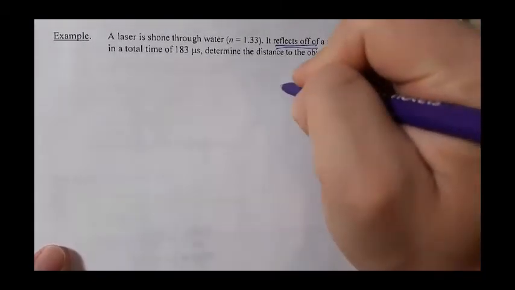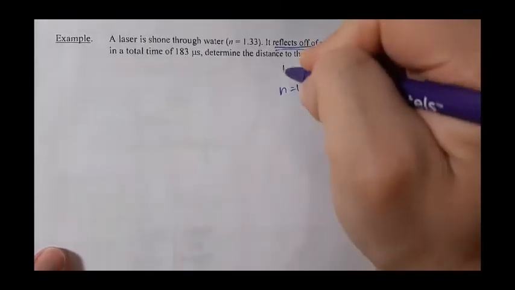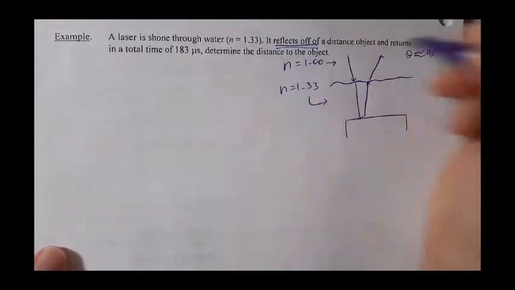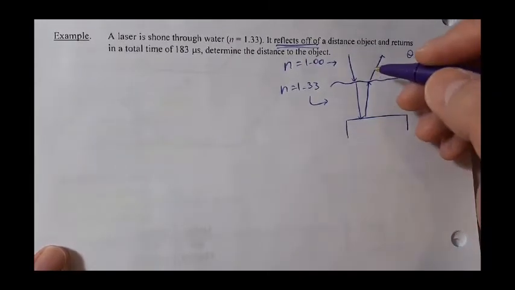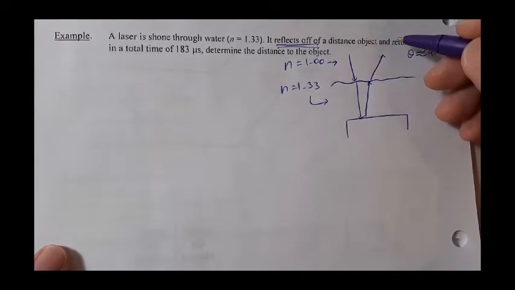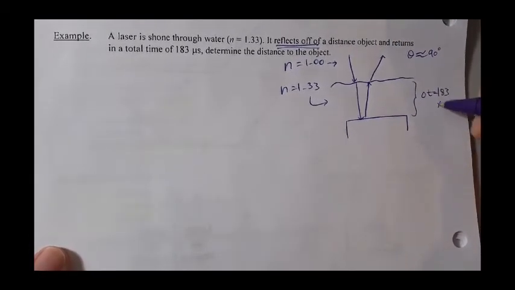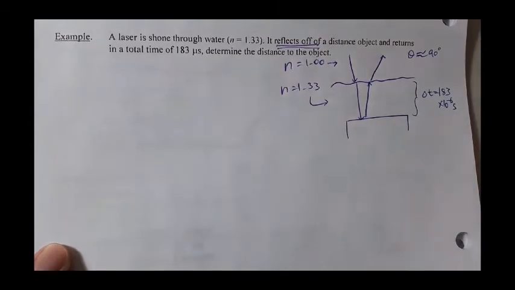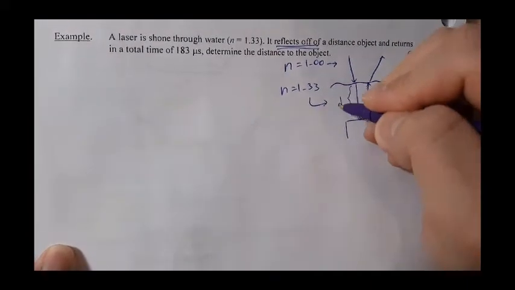Now, the n value is given as 1.33 for the water. The n value for air is 1.00. So we know those two values. And the returning time was 183 microseconds, which is 183 × 10^-6 seconds. Now we'll try to find out what my distance is.